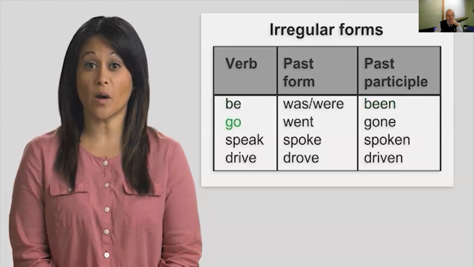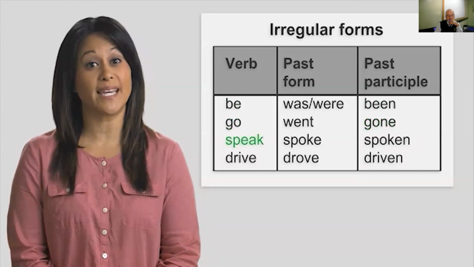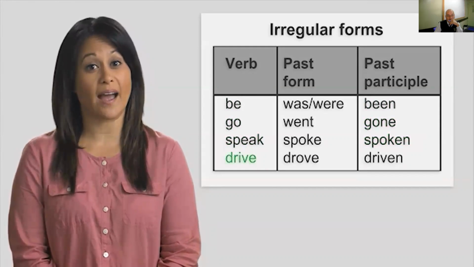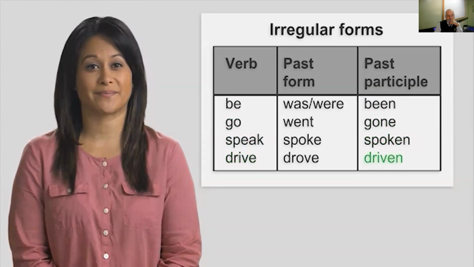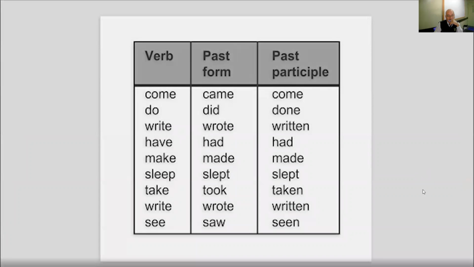The past participle of go is gone. The past participle of speak is spoken. The past participle of drive is driven. Here are some more examples of irregular verbs, their past forms, and their past participles. I know it's difficult, but you'll need to memorize these.